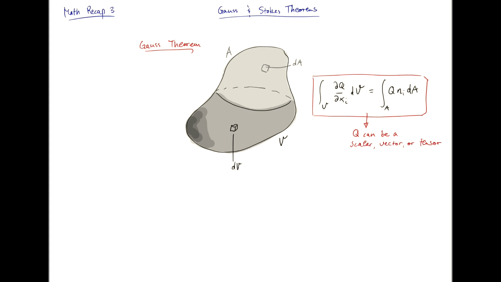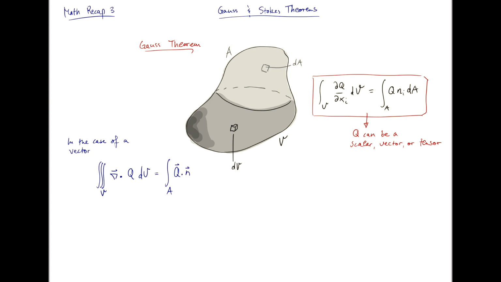And so in the case where Q is a vector, we can write, if this is the triple integral over the 3 dimensions of the volume, this becomes the divergence of Q over this volume V is the same as the integral of the outflux of Q through the surface that bounds this volume.